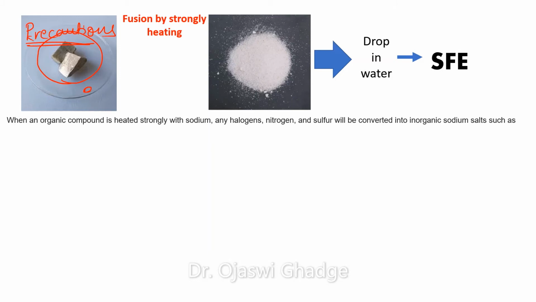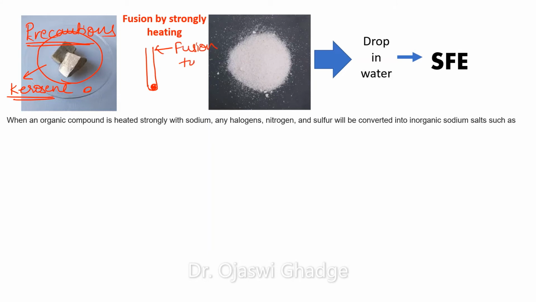We usually store sodium in protective solutions, in kerosene or in mineral oil. Whenever you take a small amount of this sodium, we have to directly drop it into the fusion tube. There is a small glass tube which is called a fusion tube.